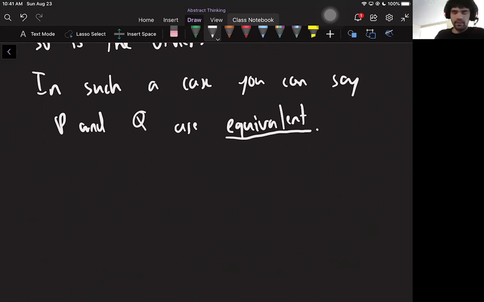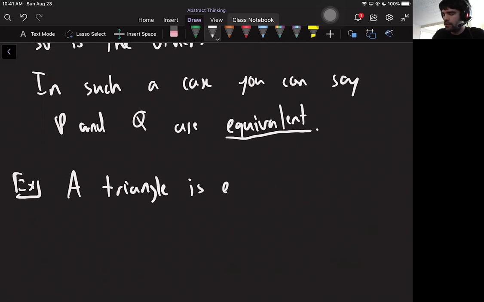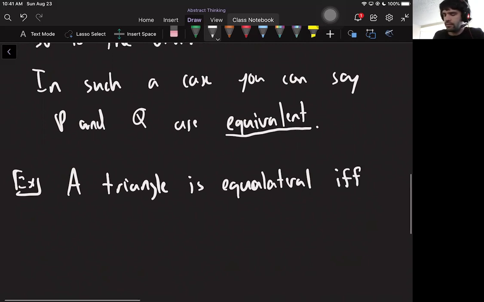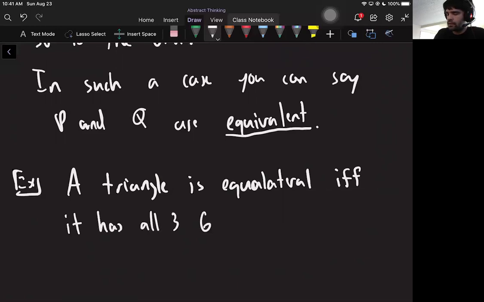And so the way you can tell that they are equivalent is because they happen to imply each other. So here's an example of such a thing, a mathy example that you may have heard of before. So a triangle is equilateral, if and only if, meaning it's equivalent to saying that the triangle has all three 60-degree angles.